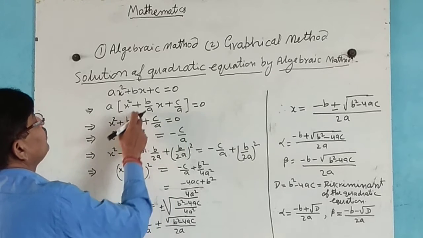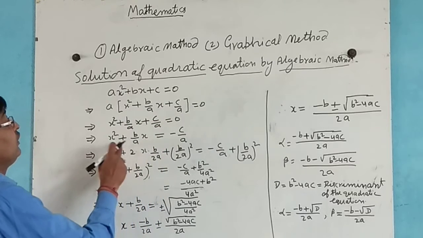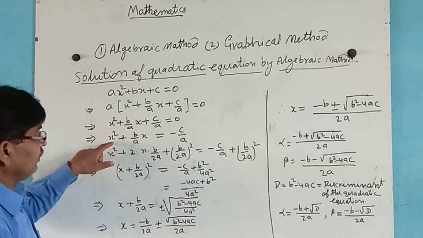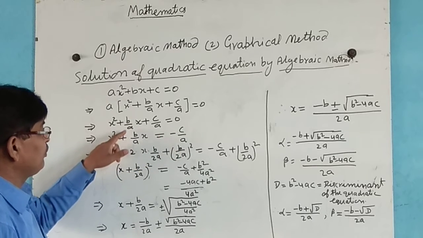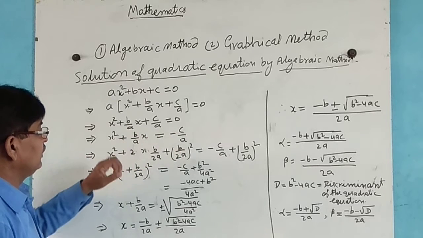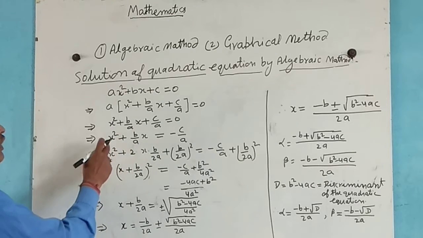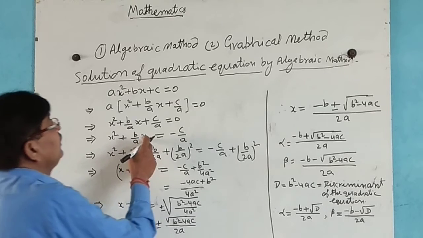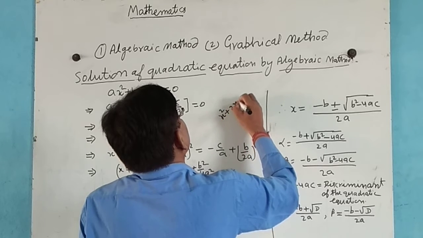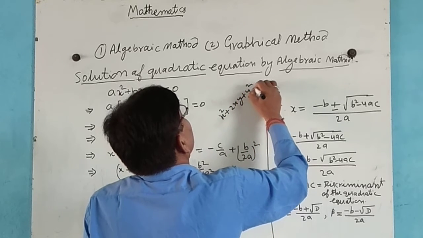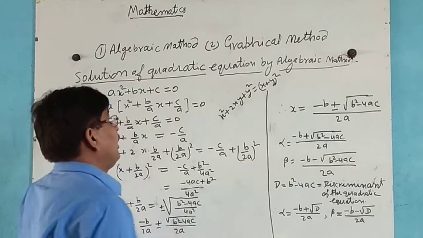x square plus b by a x plus c by a. Here change the side: c by a, x square plus b by a x. Now we convert this equation like x square plus 2xy plus y square equal to x plus y whole square, in this form.